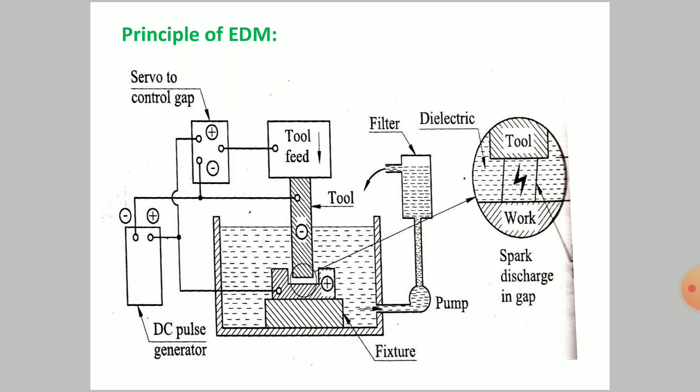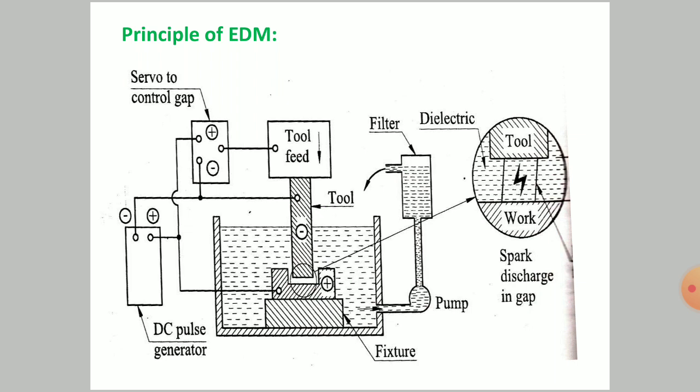In the interaction between the tool and the workpiece, what happens is shown in the zoomed figure on the right hand side, wherein you can see the tool, the workpiece, and a symbol representing the flash or the spark, isn't it?